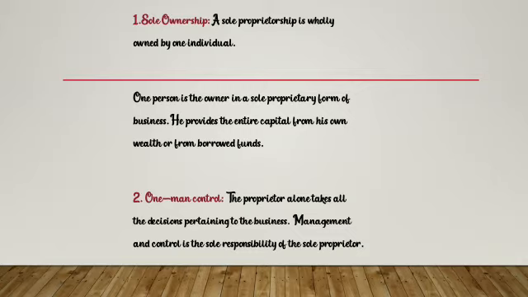Second, one man control. This point is similar to the first one. The proprietor alone takes all the decisions regarding the business. Only the proprietor can take decisions for the business. He is not required to consult anyone. There is secrecy maintained of his affairs.